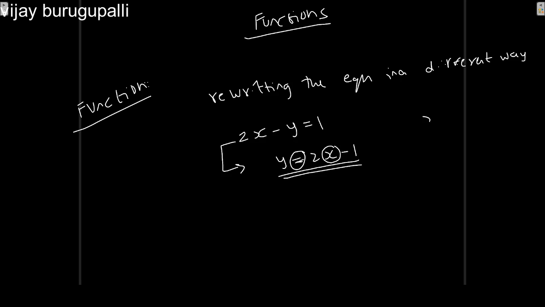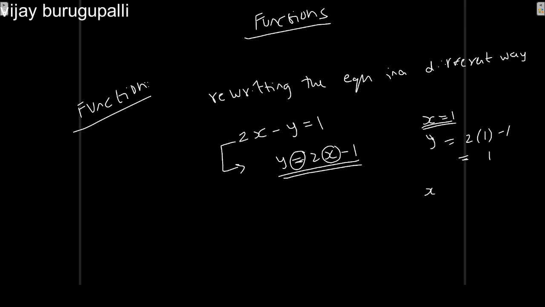Let's see this. Let's take the value of x is equal to 1. If you put x equal to 1 in this equation, then the value of y will become 1.